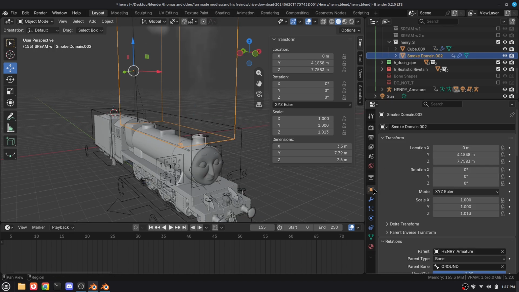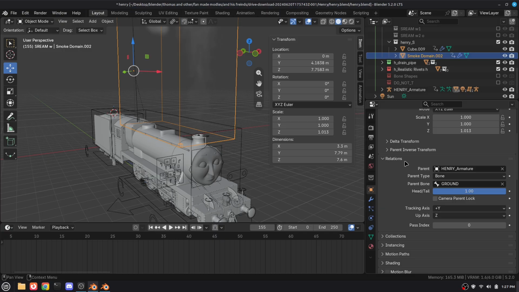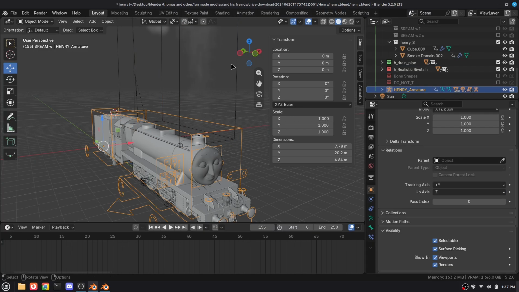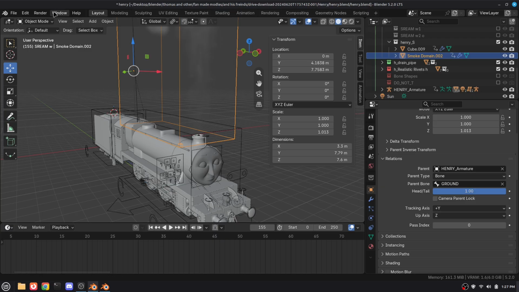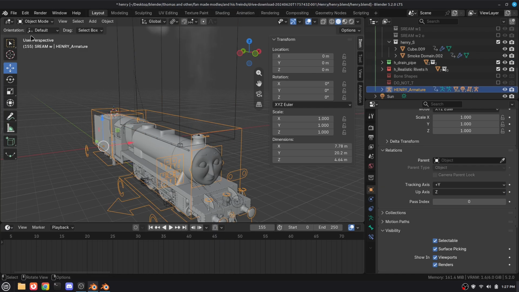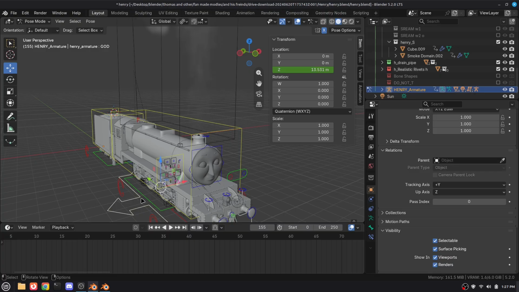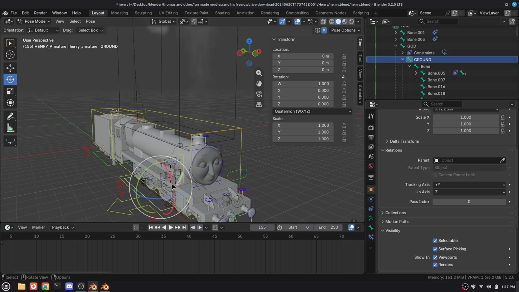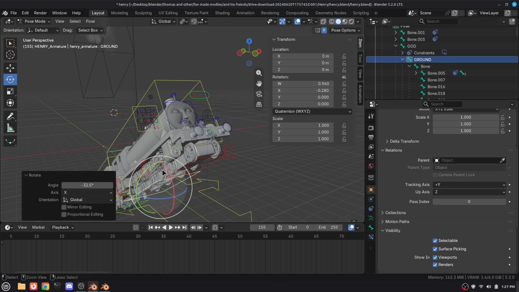And before you ask, I put in the relation of the bones of Henry. I put this bone in the ground bone, which is here, so that it could just stay together.